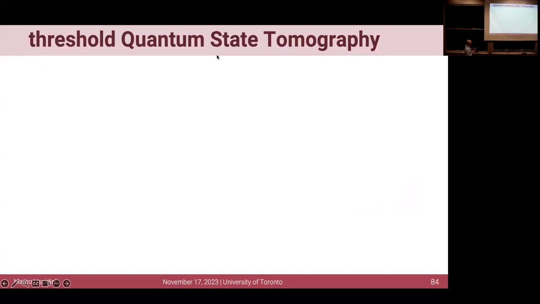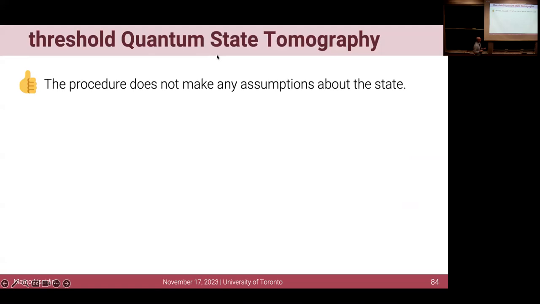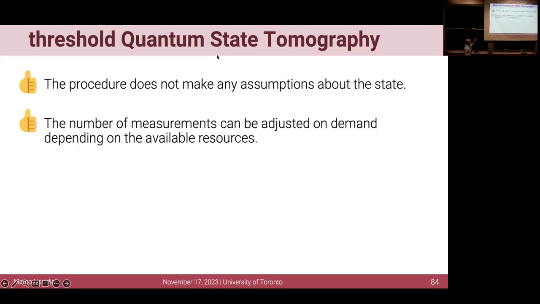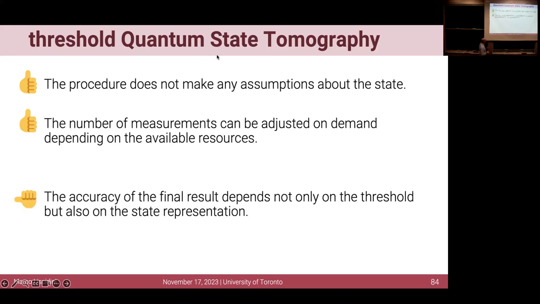And so let's see the result, okay? No, let's see first what are the properties. Now, notice I'm not making any assumption on the state. I didn't say the state is a particular state, okay? It can be applied to any state. The number of measurements can be adjusted on demand, okay?